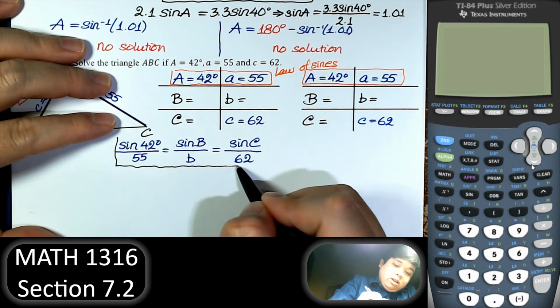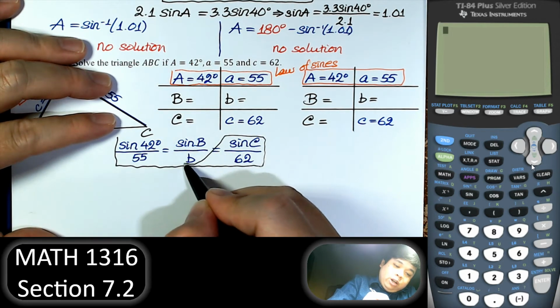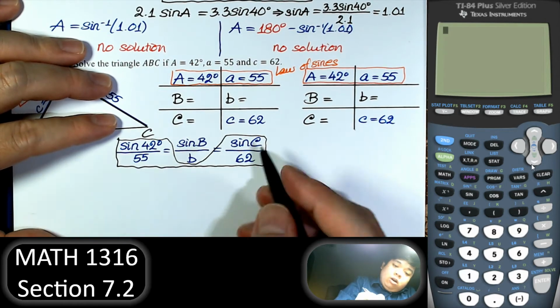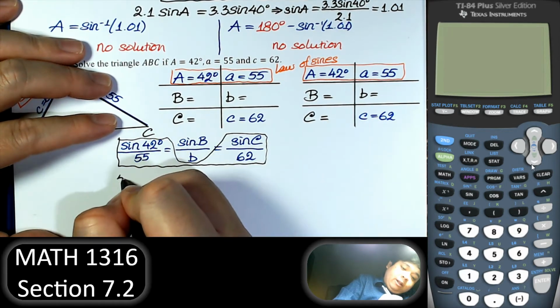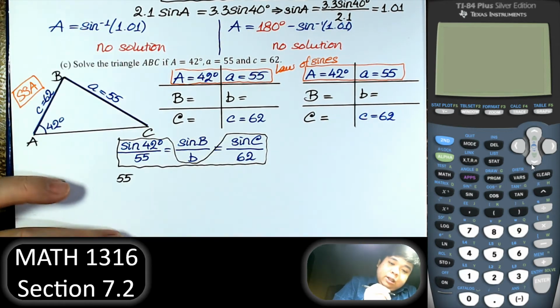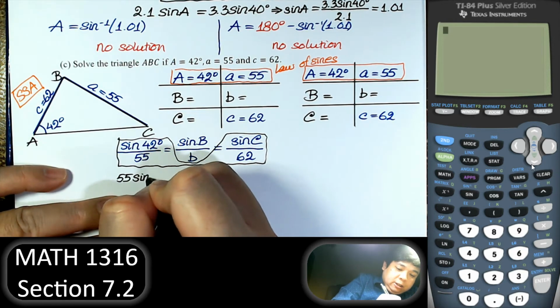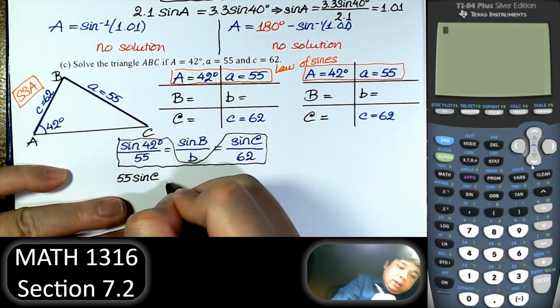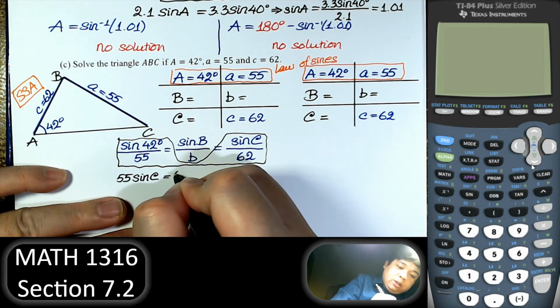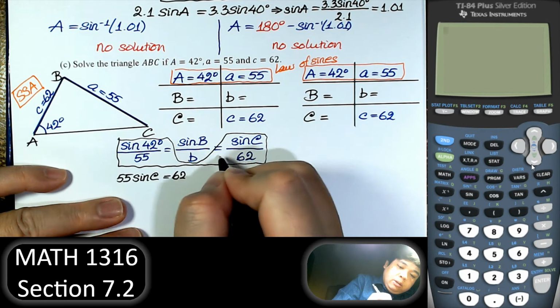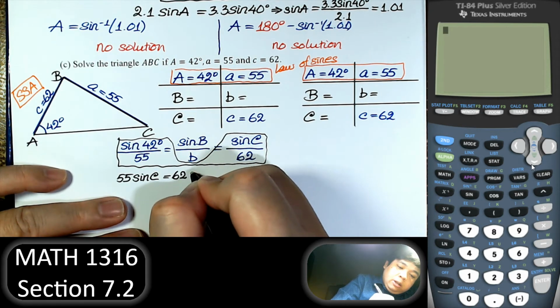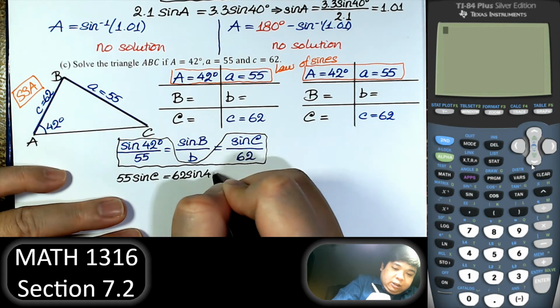So we use the first ratio and the last ratio and cross multiply. 55 sine of C is equal to 62 sine of 42 degrees.